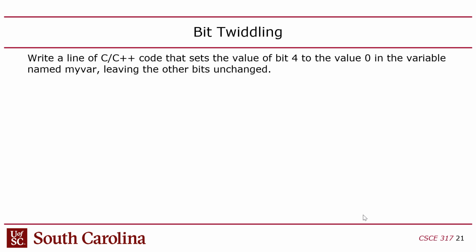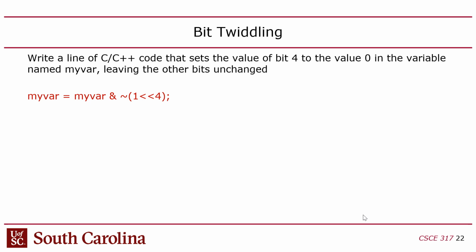So let's see, how are we doing on time here? Got about 5 minutes. So I'll just go through one example question. Write a line of C++ code that sets the value of bit 4 to the value 0 in the variable named myvar, leaving the other bits unchanged. So how would you do that?